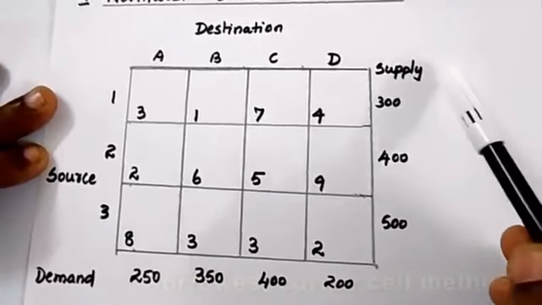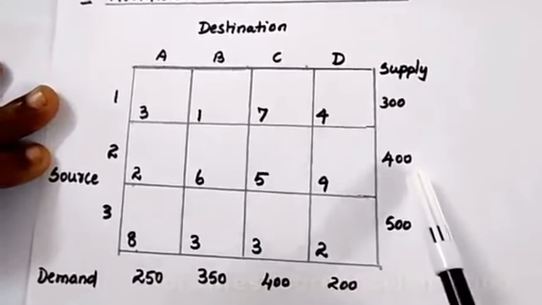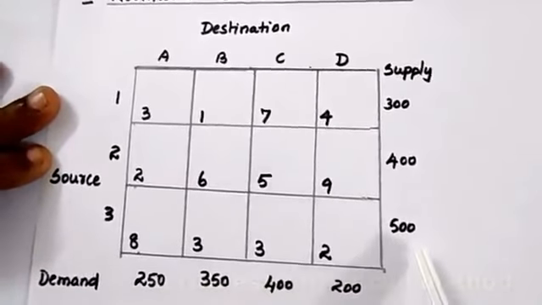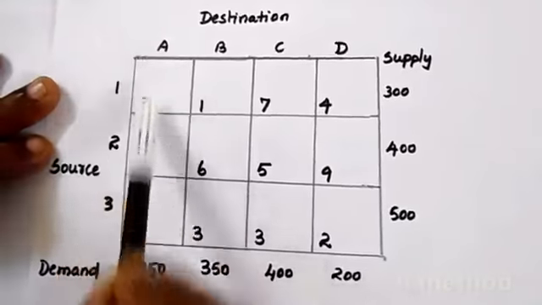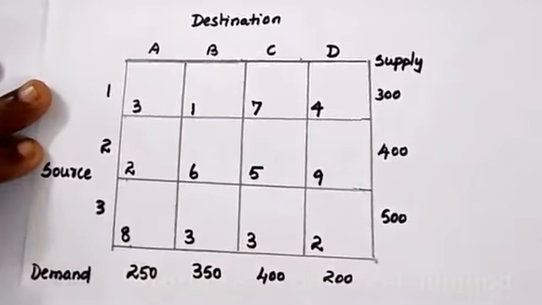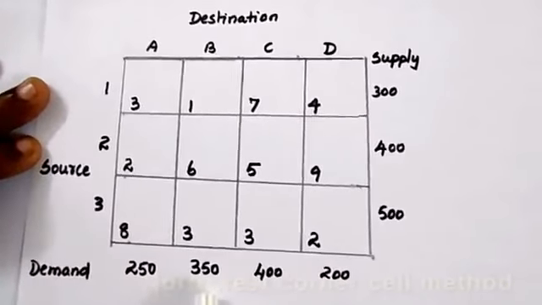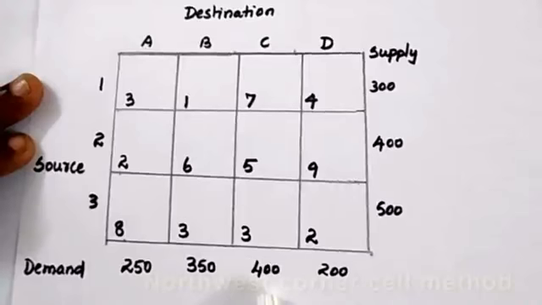This is called supply. For source 1, 300 supplies are available, then 400, and 500. For each destination, in the column, we have some demand. For A, 250 demand. For B, 350. For C, 400.